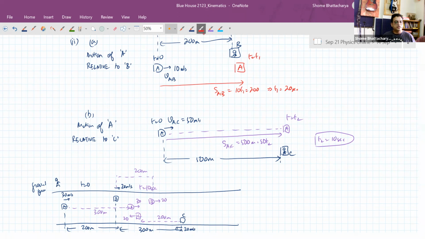And then later at t equal to 20 seconds, rather T1, which we wrote earlier. By the time it's 20 seconds, B is somewhere here. A is also here.